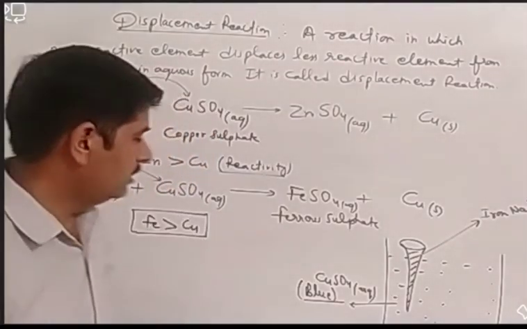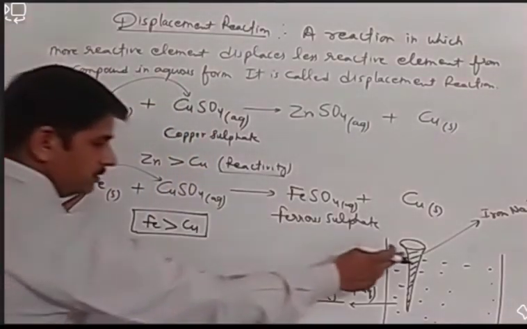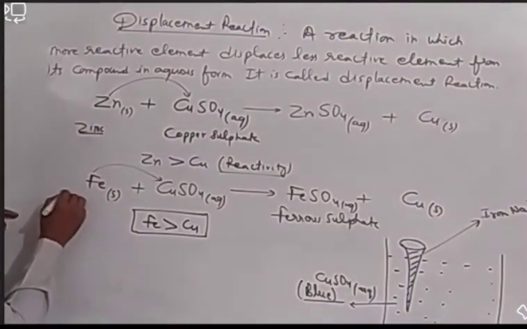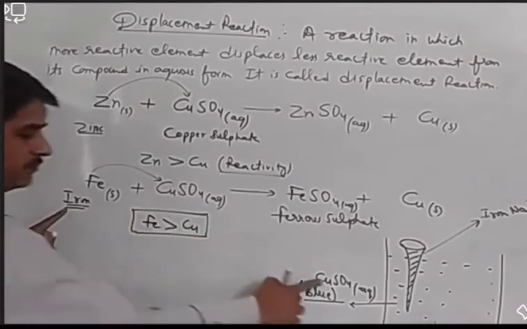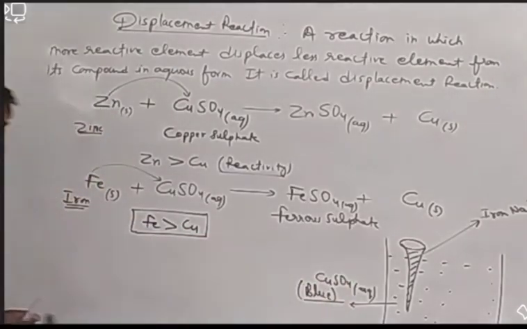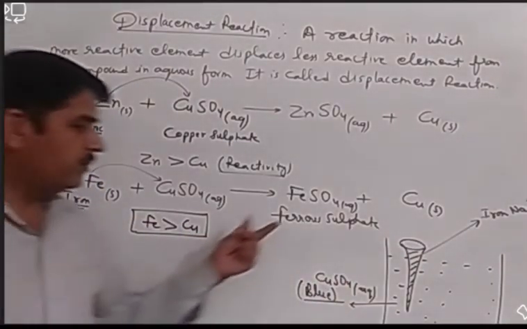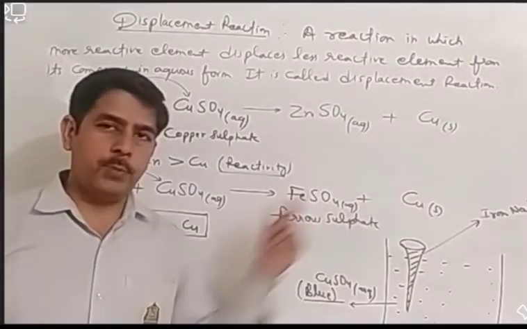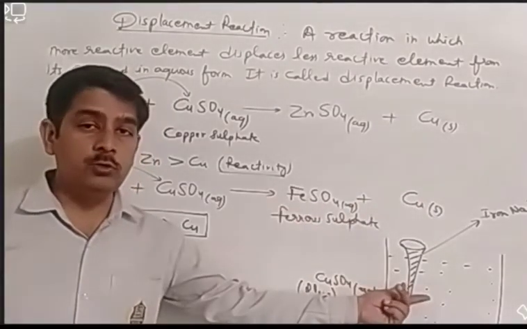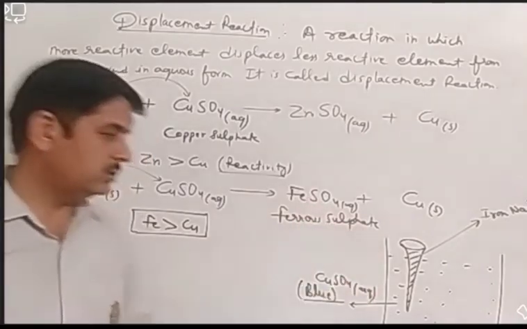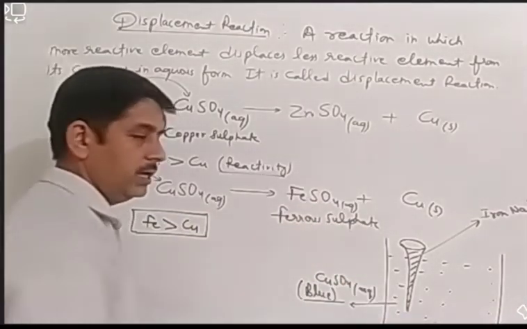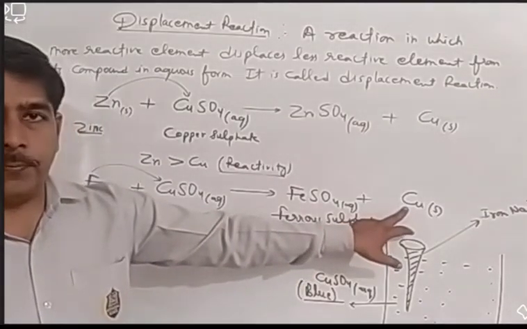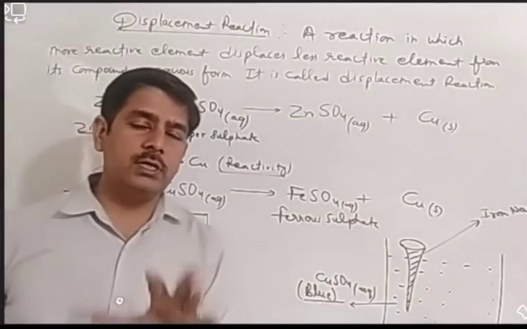The reason is that this iron nail will react with copper sulfate solution, and it will form ferrous sulfate and copper. Ferrous sulfate is not blue colored, so the color will change, because in solution copper sulfate will change into ferrous sulfate, and there will be formation of copper. Do you know, beta, what is the color of copper?